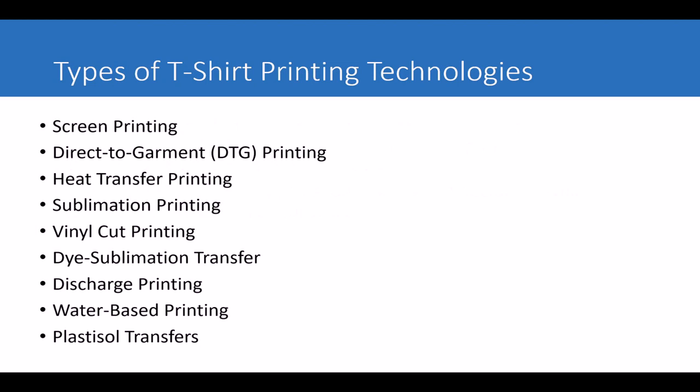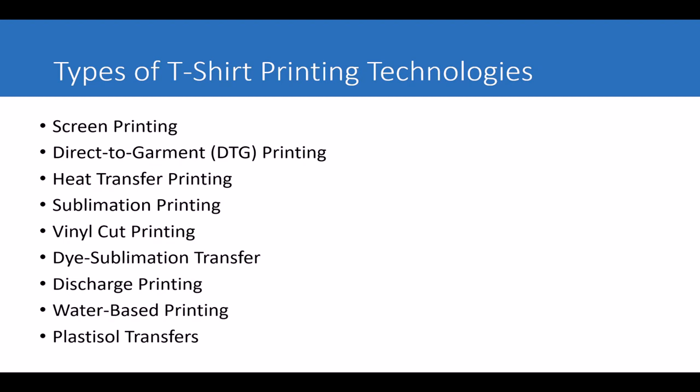Now, here is an overview of the different printing technologies that we are going to examine. I've got some video clips accompanying each of these, so that you will see a demonstration or more explanation of each technique, and can make up your mind and know which particular technology to go for.